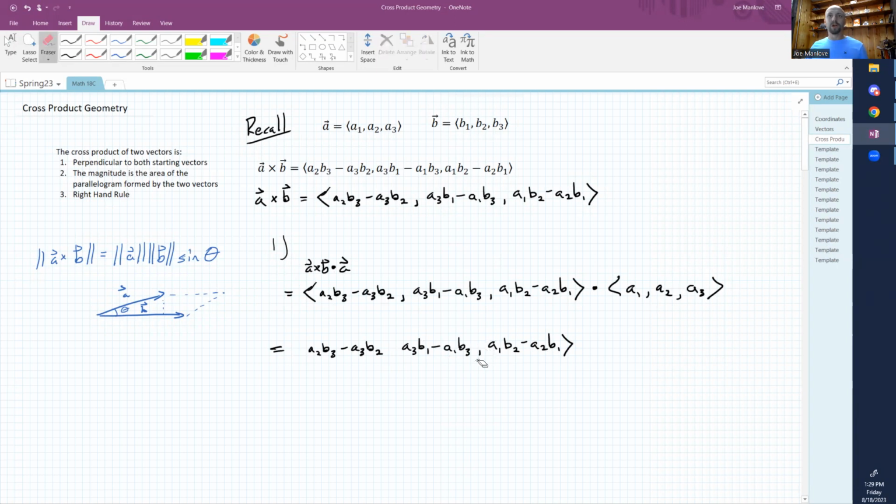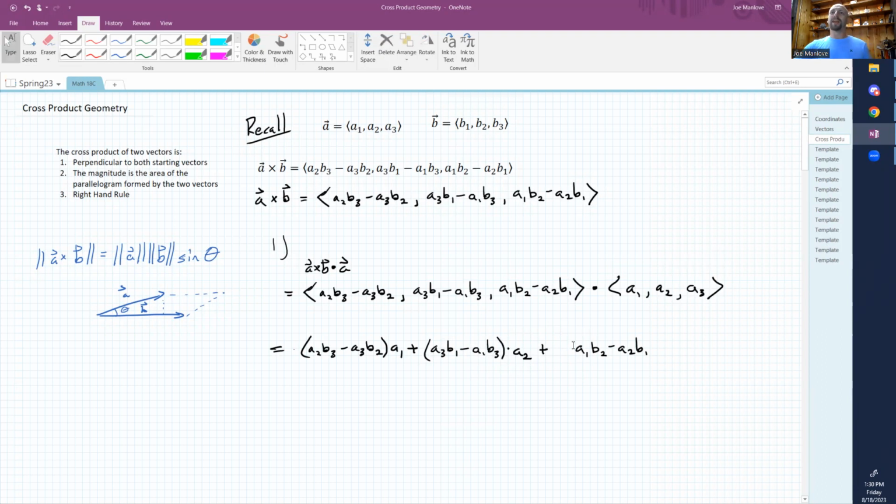So I'm erasing commas and angles, and I'm going to take this first thing and multiply it by A1, and I'm going to add this second component of my cross product multiplied by A2.